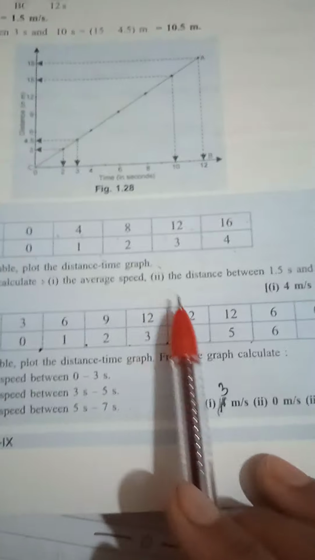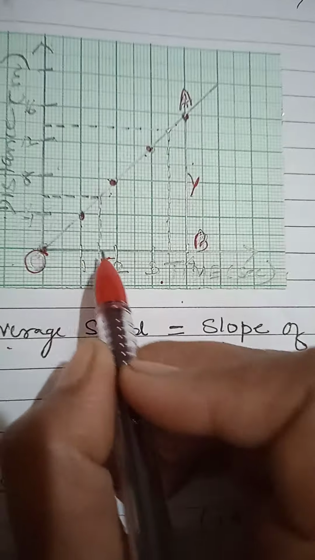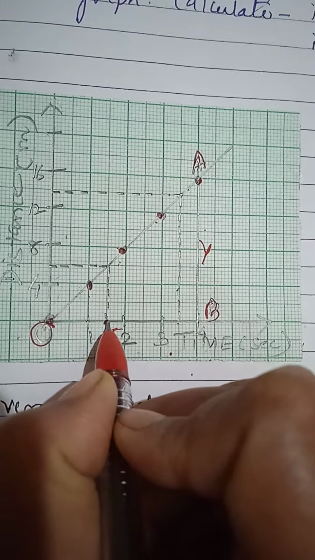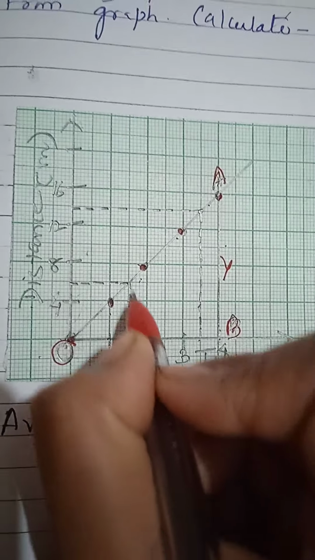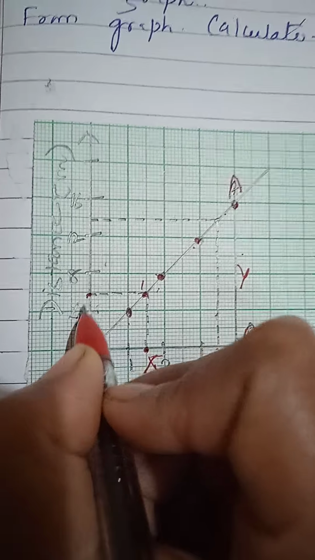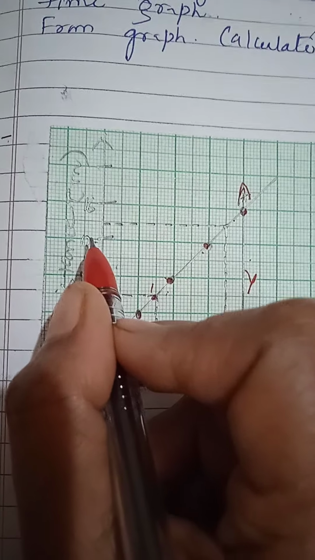Now second, the distance between 1.5 second and 3.5 second. So 1.5 second, if you see, this is the 1, this is 2, so this one will be 1.5 second. So for 1.5 second, what is the distance? Distance will be 6 because this is 4, 6, 8, 10, 12, 14, 16.